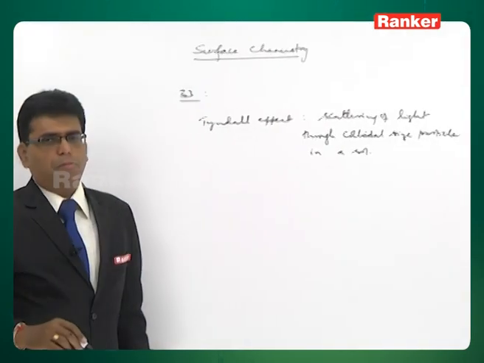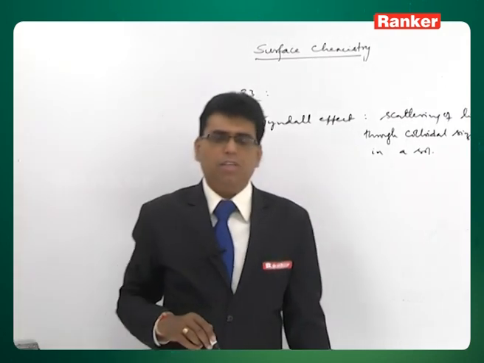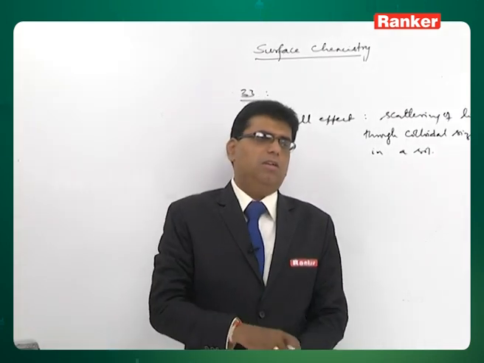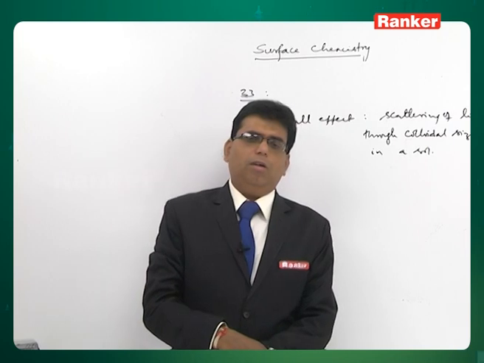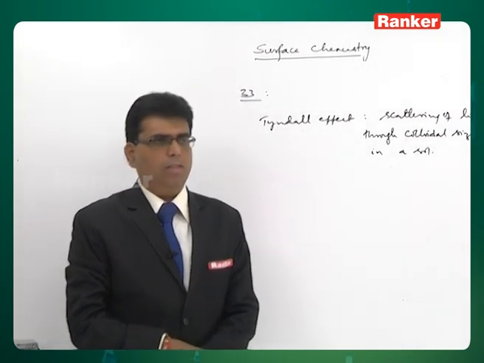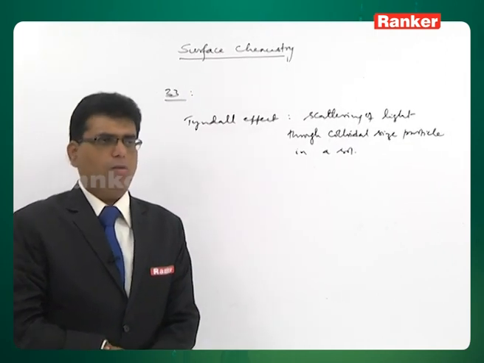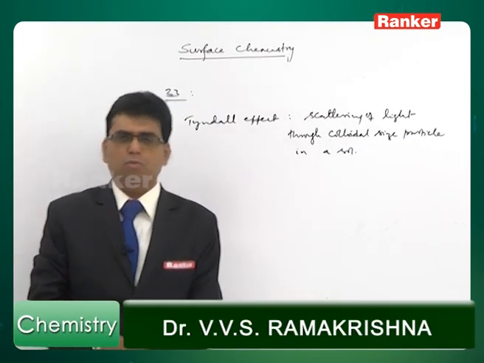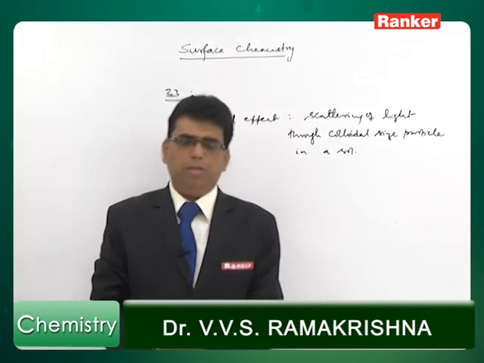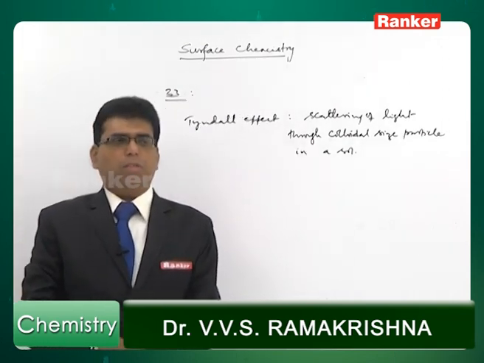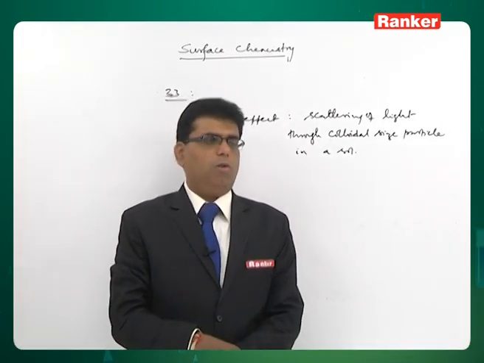The blue color of the sky is because of the Tyndall effect, because the dust in the air is a colloid, and scattering of light through those dust particles is what makes it appear blue in color. So, then what should be the refractive index and colloidal size?